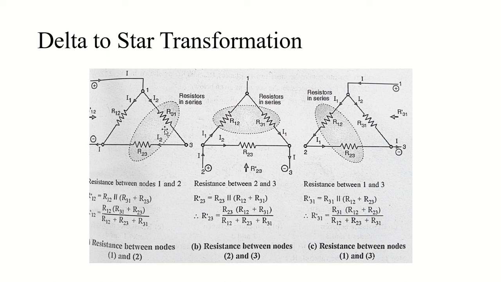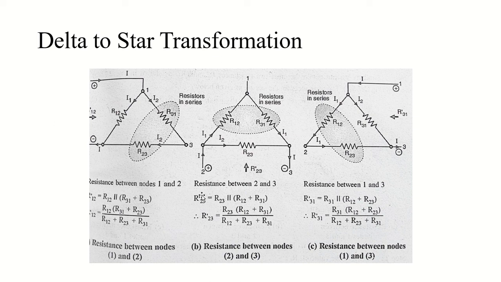If you remember the formula of parallel connection, if RA and RB are in parallel, then 1 upon RAB equals 1 upon RA plus 1 upon RB. Applying similarly here, the resultant resistance will be R12 into R31 plus R23, divided by R12 plus R23 plus R31.